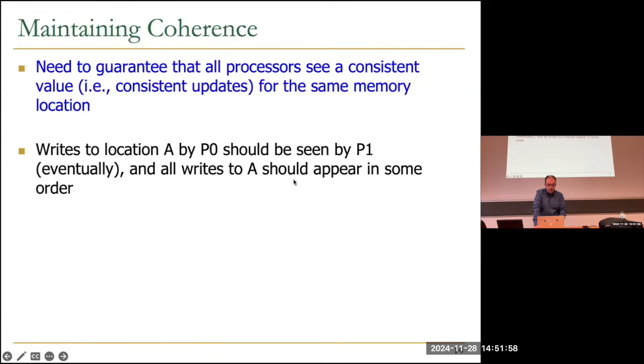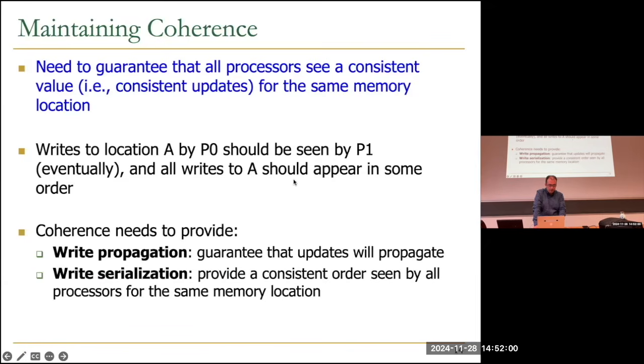And all writes to A should appear in some order. So coherence needs to provide write propagation, so we guarantee that updates will propagate, and write serialization, to provide a consistent order seen by all processors for the same memory location. So these are the criteria for a coherence technique. And essentially, with any protocol, you need to prove that you're providing these two requirements.